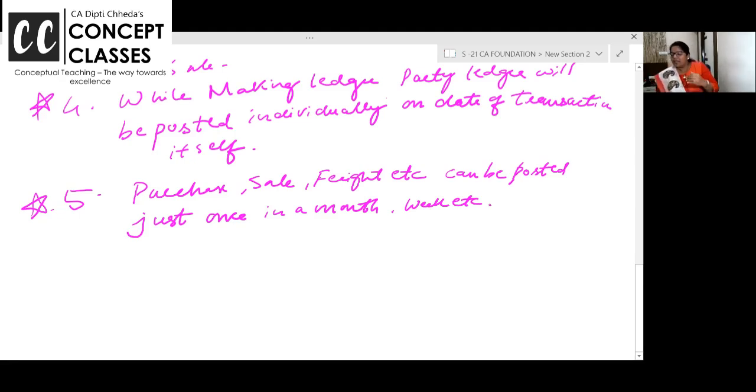You see, freight I have paid 3 times. So I have already written in the subsidiary book. But while posting it to the debit side of the freight, why freight is debit? Debit all expenses. I am doing it only once.